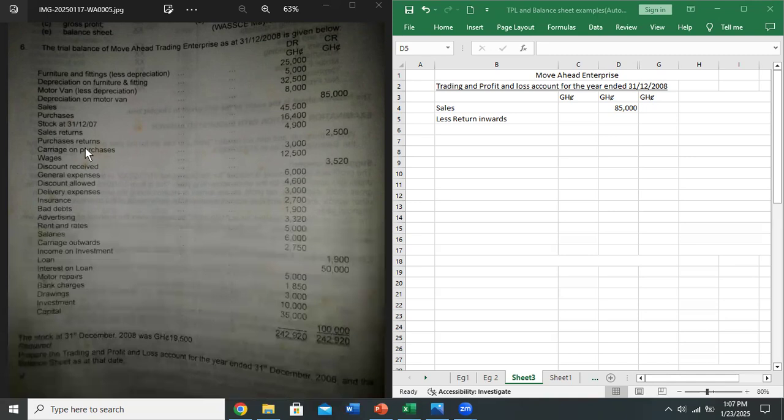So returning was, okay, that's the sales returns. The question used sales returns, so we're also going to use the same word, sales returns, and that is 4,900.